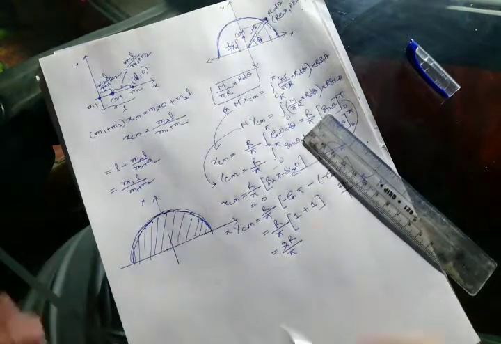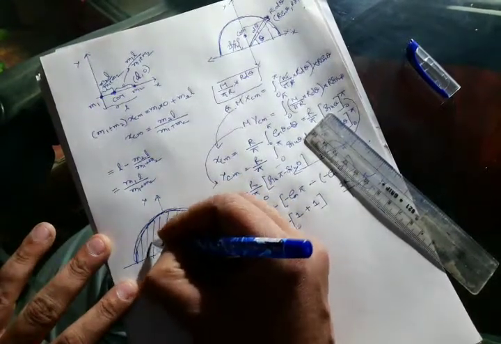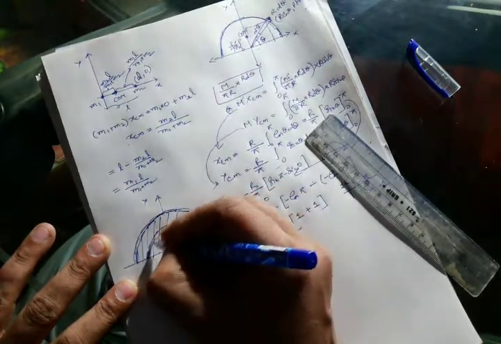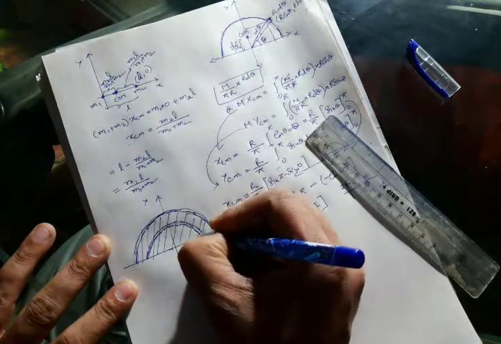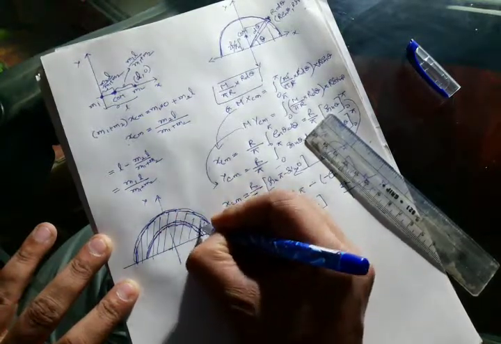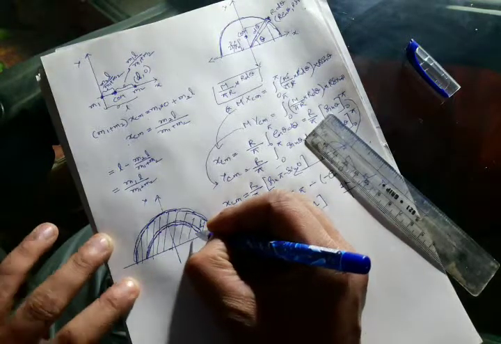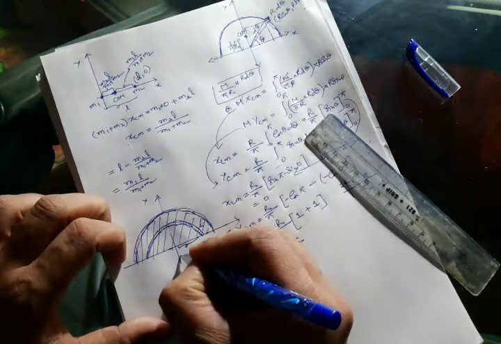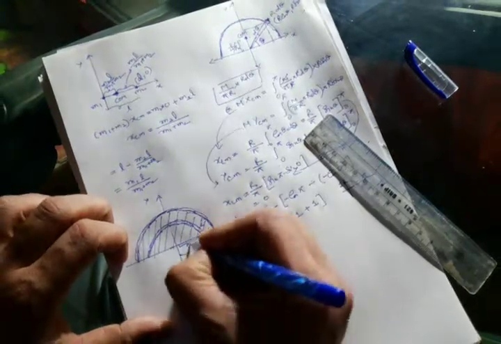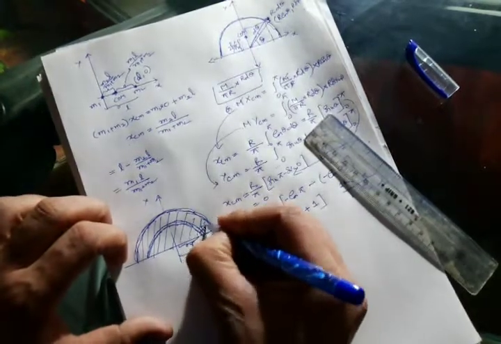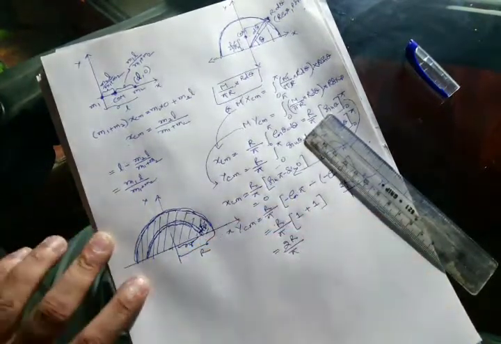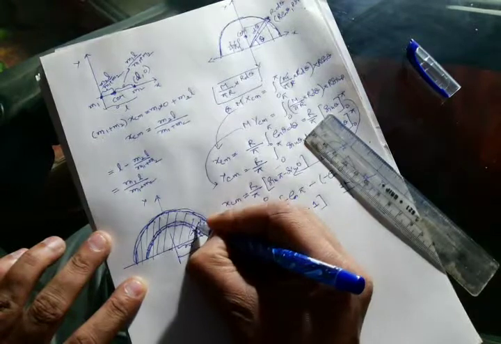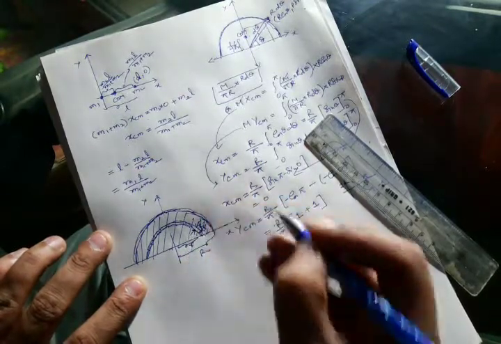So I will be taking a small section of it, a small ring you can say. The total distance is r, the small ring has radius small r and thickness dr.